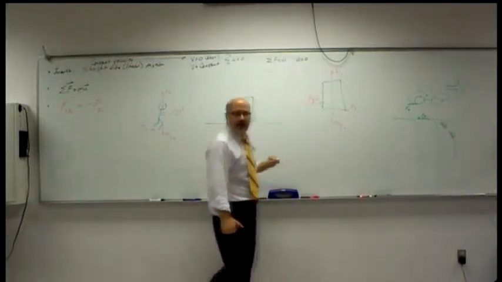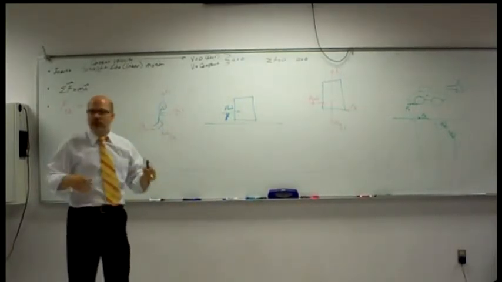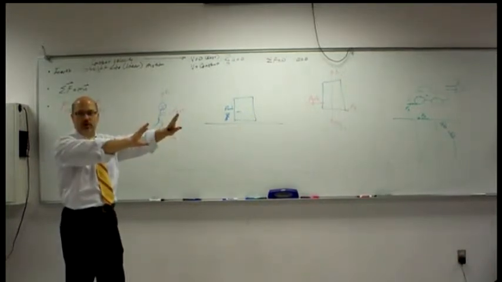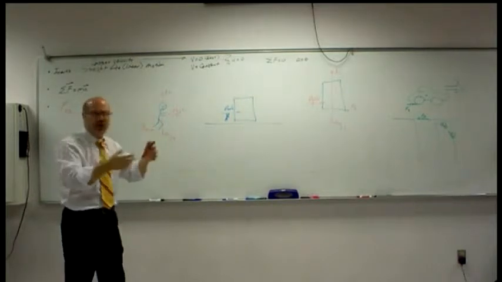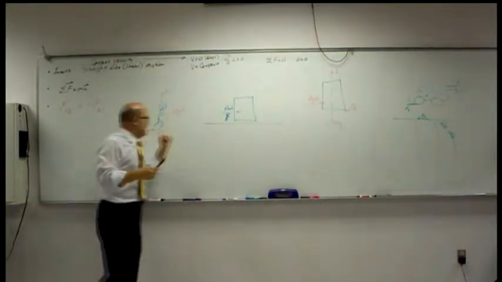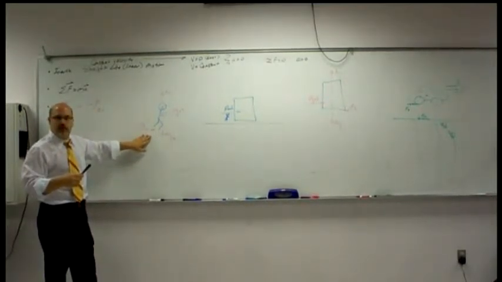Yes. Okay, so here's the deal. If I try to move a big box across the floor, then I'm going to have difficulty unless the friction here is less than my friction with the ground. I can't do it unless that's true.